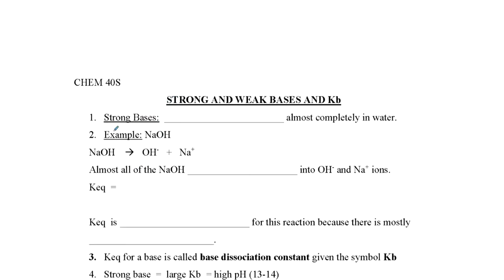So first of all, let's compare strong bases to weak bases and look at the difference between them. Just like strong acids, strong bases dissociate almost completely in water. So for example, if you mixed sodium hydroxide, which would be a solid, I'm just going to switch up my pen here so we can see this a little better.